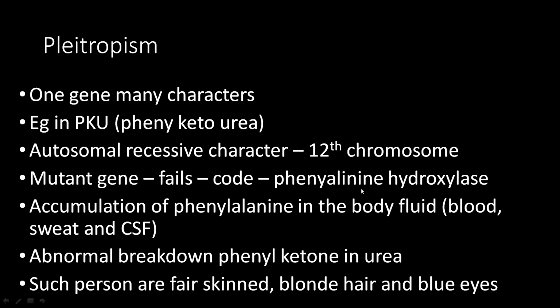Now, because this gene is not working, what will happen? This phenylalanine will get accumulated in the body. Usually, if this gene is there, phenylalanine is broken down to tyrosine.